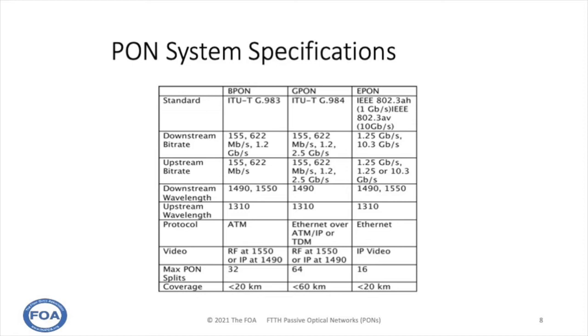BPON, which is pretty much obsolete, could go 20 kilometers. GPON has several different versions that go 10, 20, 40, or even 60 kilometers and can split for up to 64 different users.